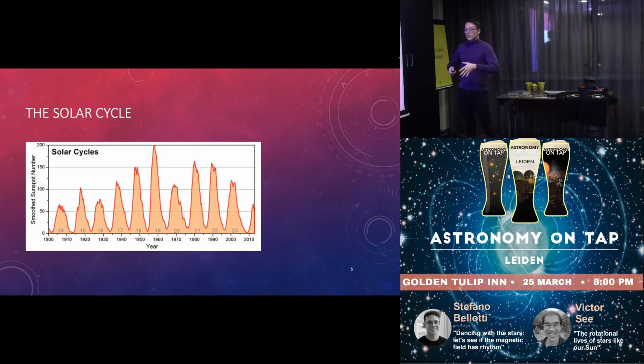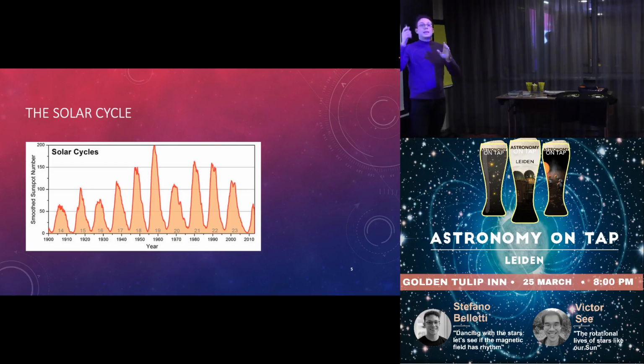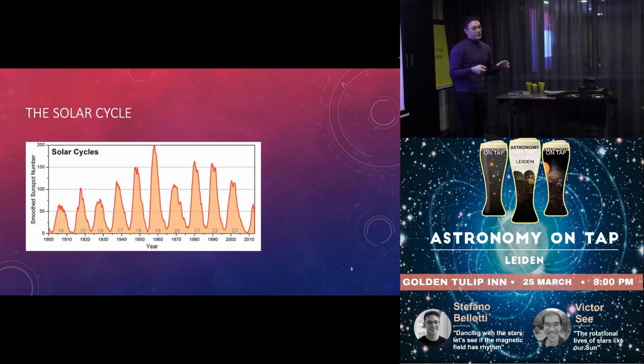Now, people have been observing the sun for a long time. This actually cuts to the beginning of the previous century, but people have started to observe the sun in an astronomical way, of course, not just looking at it, way before that. And what they've seen is that they counted the number of spots on the surface, and what they've seen is that it varies over time.